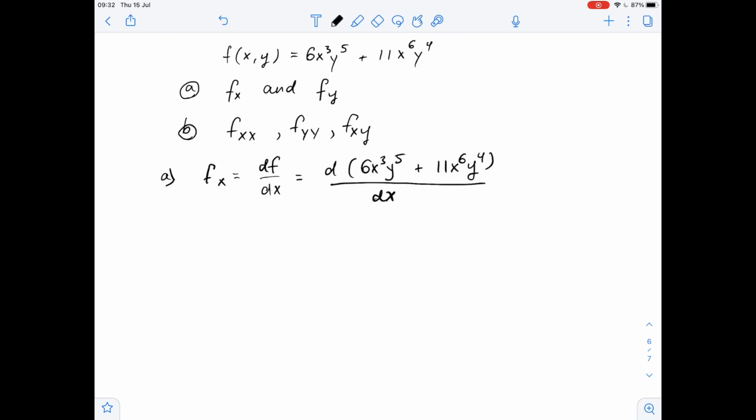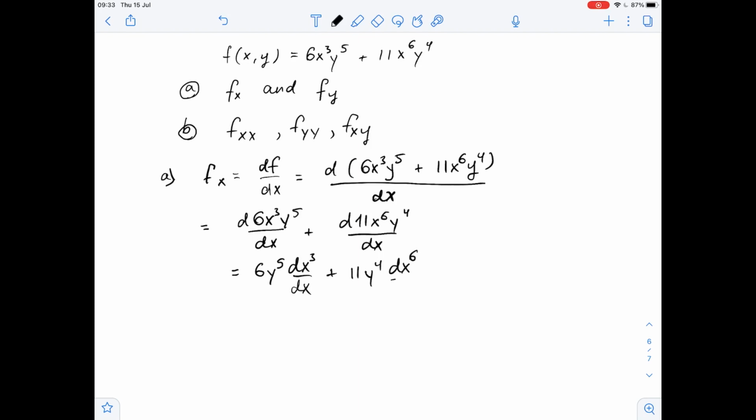This equals d of 6x cubed y to the 5th power over dx plus d of 11x to the 6th power y to the 4th power over dx. Now let's simplify it. We get 6y to the 5th power times d x cubed over dx plus 11y to the 4th power times d x to the 6th power over dx.